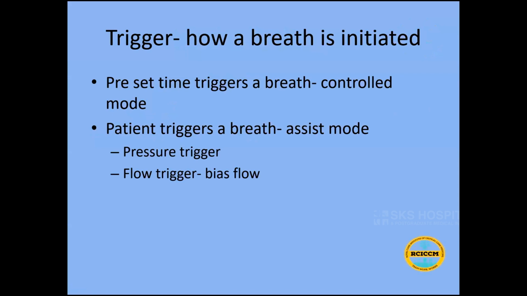What it indicates here is the bias flow, a constant flow of gases during the expiratory phase. If this flow is diverted by the patient's breath, that is sensed and causes a trigger. So in a spontaneously breathing patient, such a bias flow trigger can also act as a trigger.